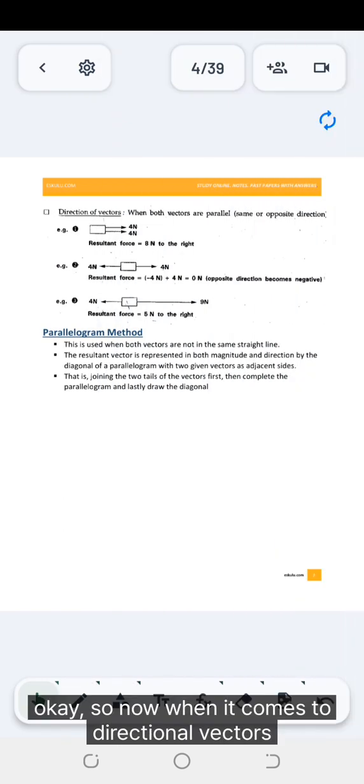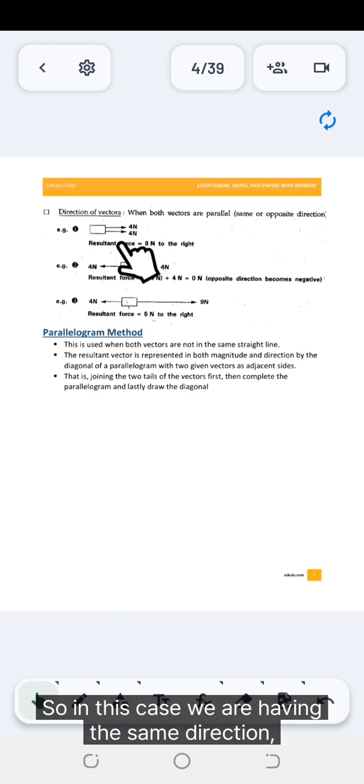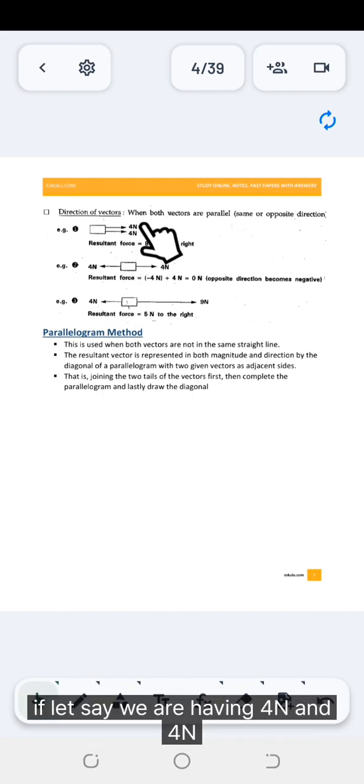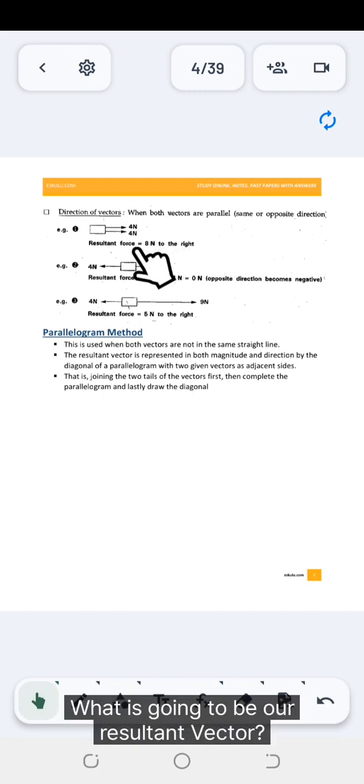Now, when both vectors are parallel, in the same or opposite direction: in this case we have the same direction. If we have 4 newtons and 4 newtons in the same direction, what is going to be our resultant vector?